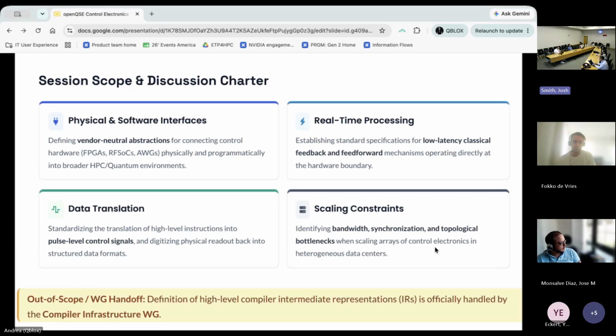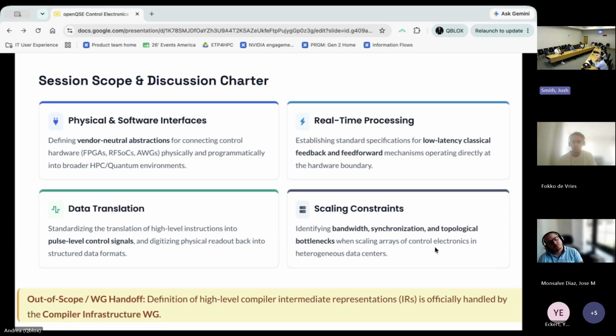Yeah, I completely agree. Again, this was just a baseline, but nothing stops you from having an interconnect to two different GPU clusters, one for decoding and one for calibration, for example. So it's like choose your architecture for your specific application. But I think there's still some common ground that we can agree on, at least within the openQSE discussion.